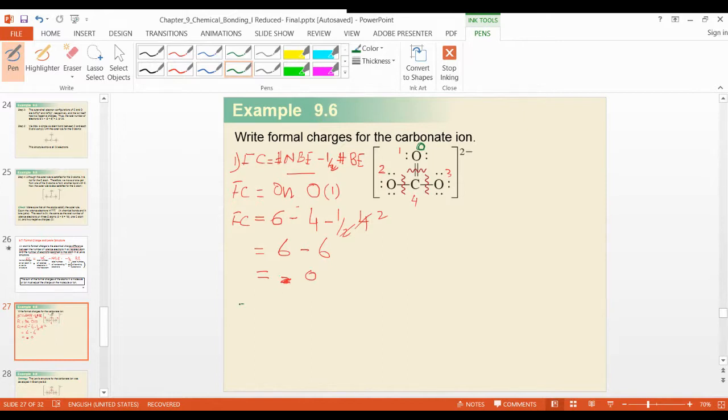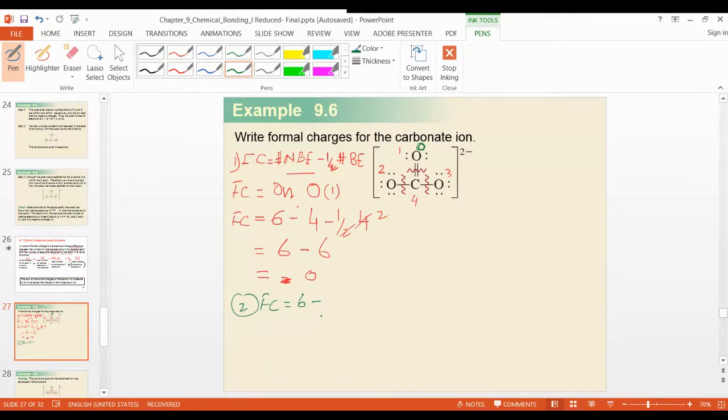Okay, now calculate the second oxygen. Follow this same thing. Formal charge equals the valence electron. How many valence electron for this oxygen? 6. Tell me now, don't waste time.